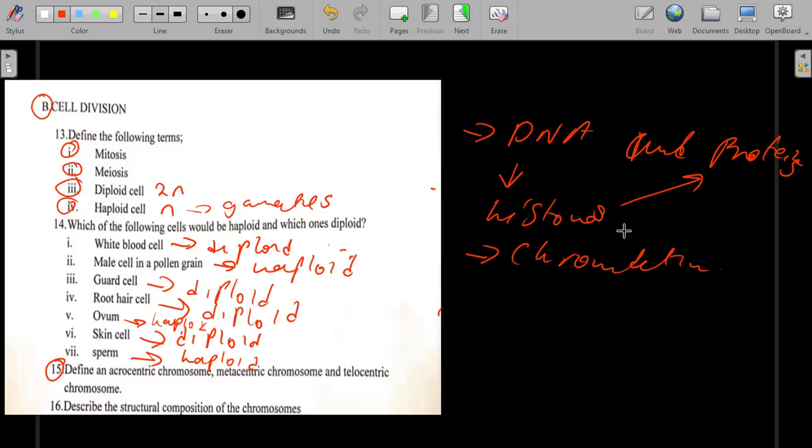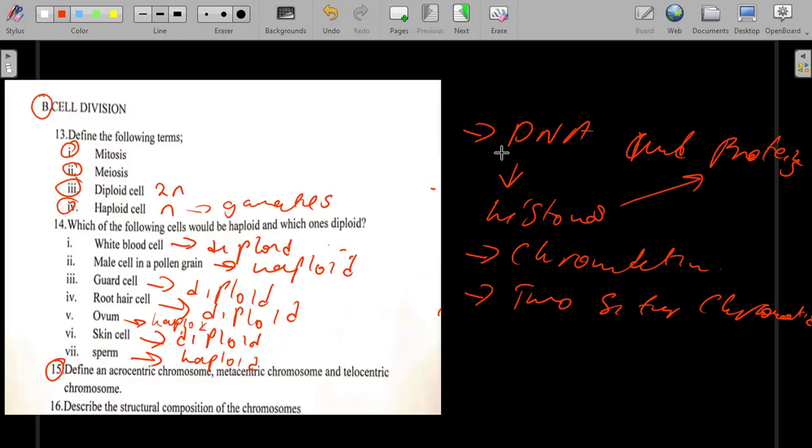Apart from that, these chromosomes are going to have two sister chromatids. These sister chromatids are going to be identical, and they will be joined together.